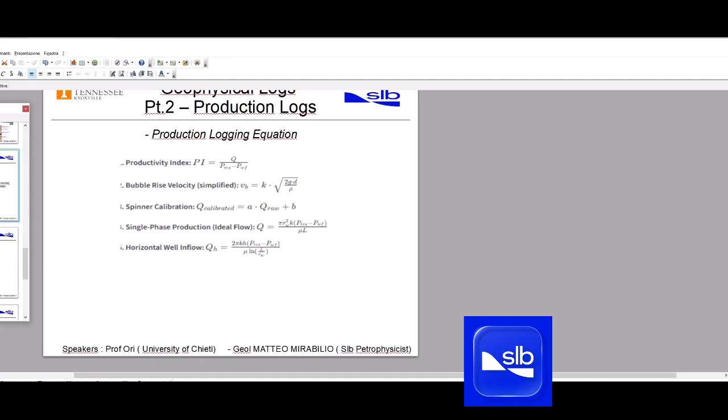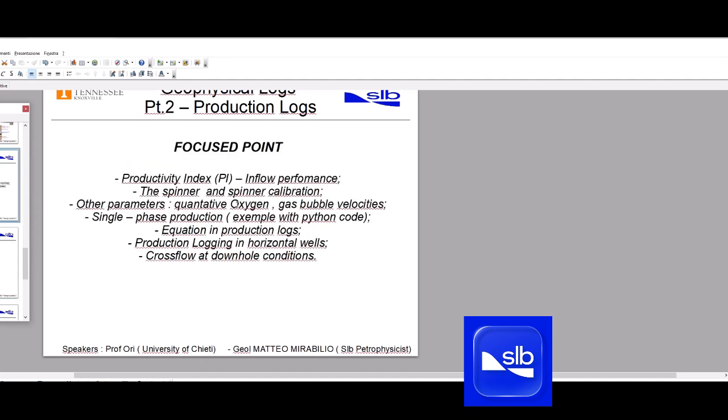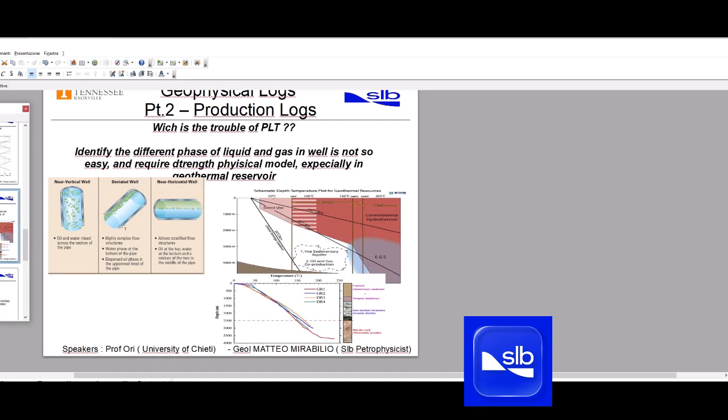In the next appointment we will talk about other parameters, the spinner and outspin calibration, single phase or two phase, and we will show how we can simulate a single phase or two phase when we have oil and gas, for example the mixing zone between water and oil, and which parameters we need to consider.